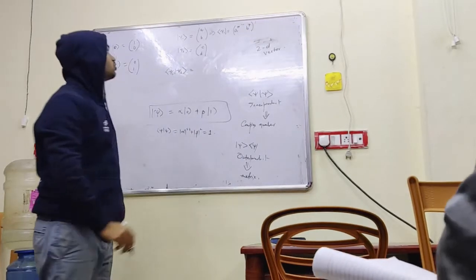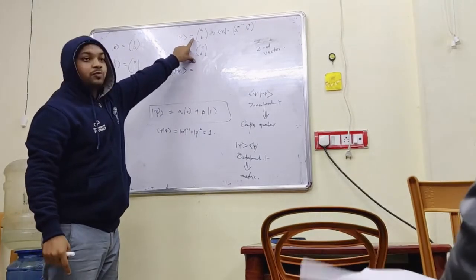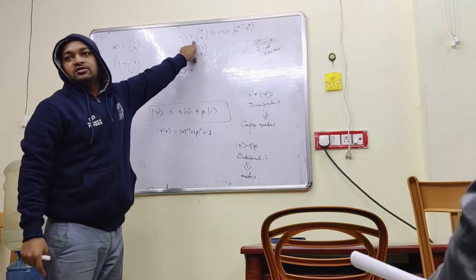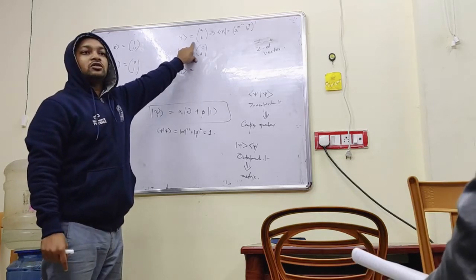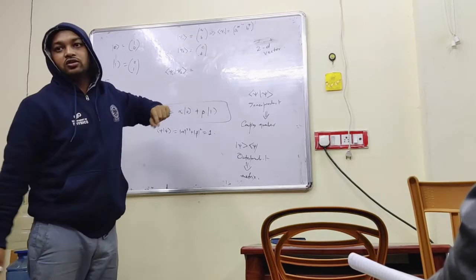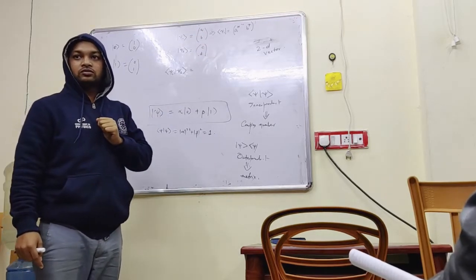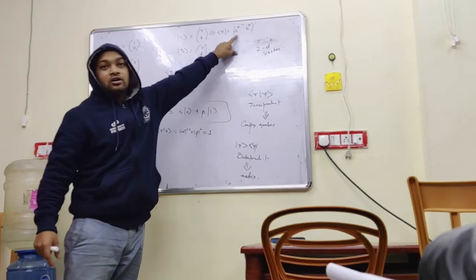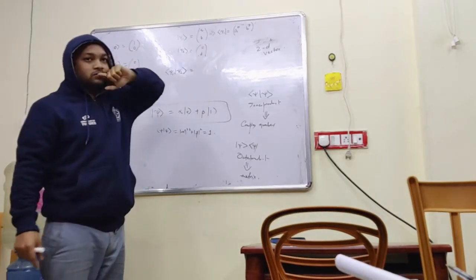This is the transpose of this vector with each element conjugated. Conjugate plus transpose. Clear?